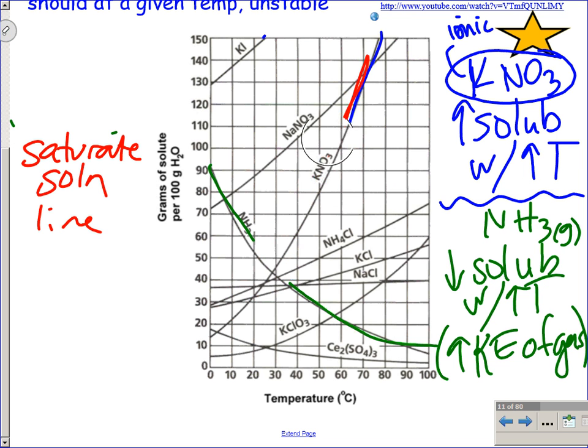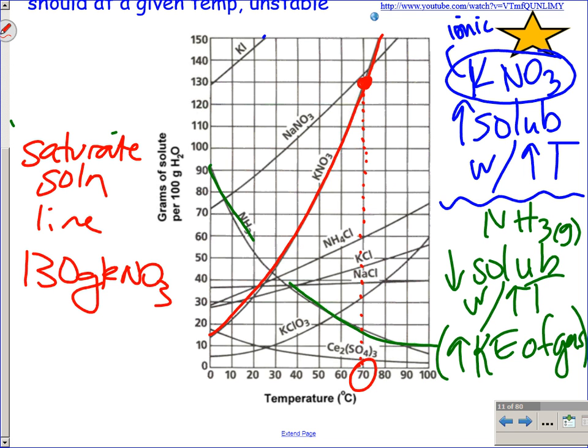I'm going to highlight this a little bit better. So you're looking where the intersection of those 2 points occur, right? So at 70 degrees Celsius, go all the way up, past all these other lines, and get to potassium nitrate. How much dissolves? So it's saturated at 130 grams of potassium nitrate in 100 grams of water.